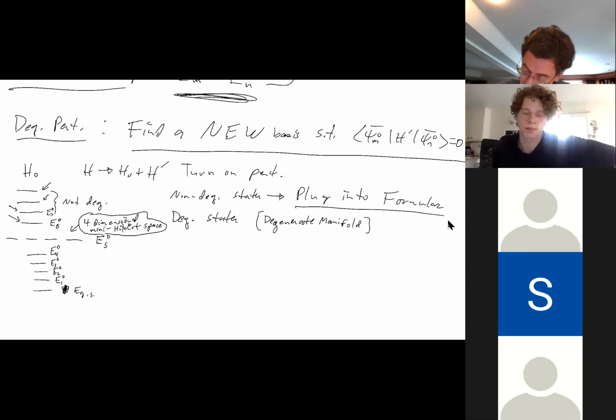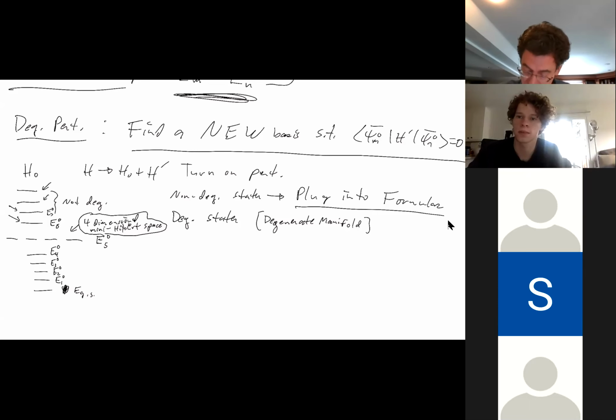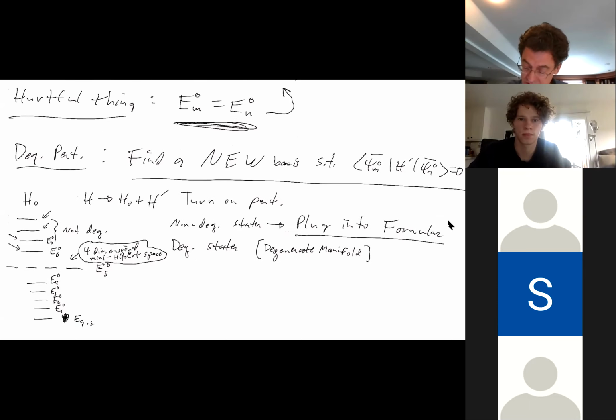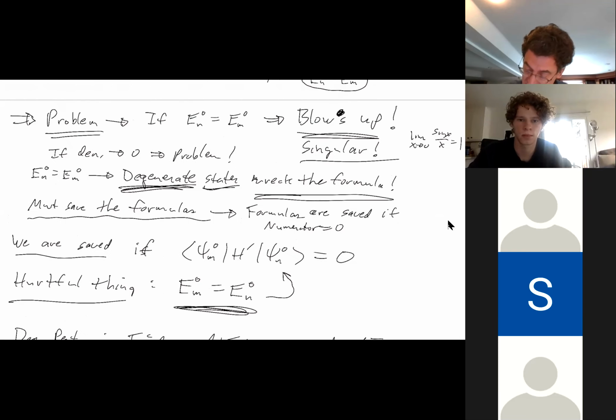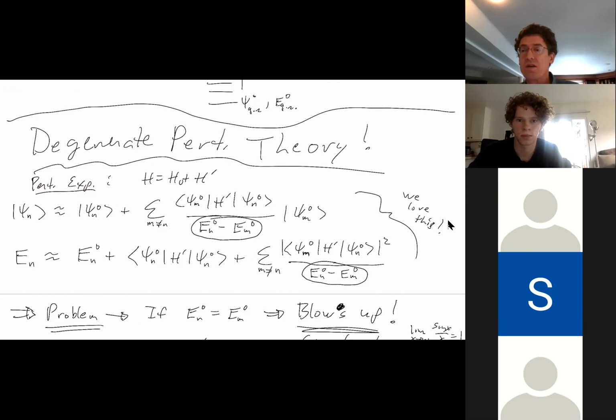Now, what is the nicest thing that could happen to you if you plug into those formulas? What does the perturbation do to those states? Somebody tell me. These are the formulas, by the way. We're trying to figure out what these degenerate states do in the presence of some perturbation.